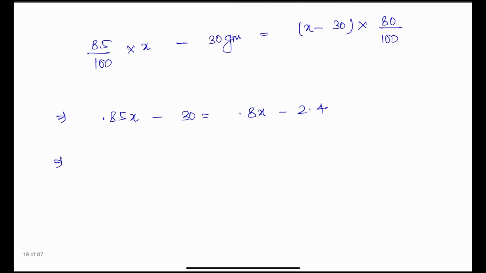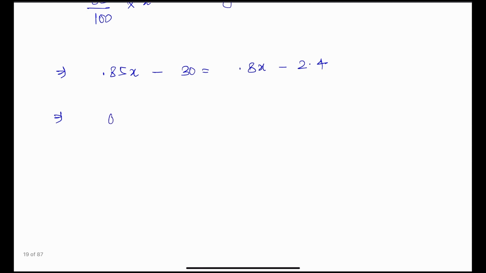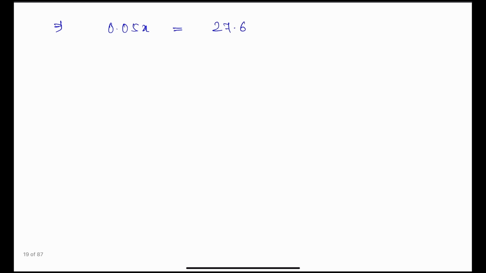So this will become 0.05x, and 30 minus 2.4 will be 27.6. So the value of x will be 27.6 divided by 0.05. I suppose I made a mistake somewhere.